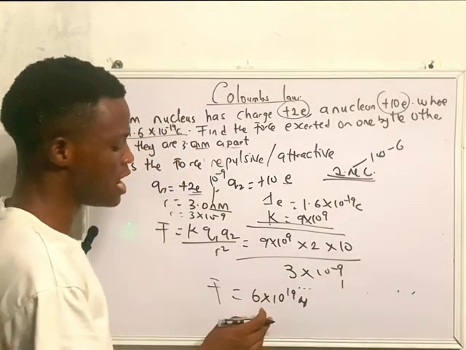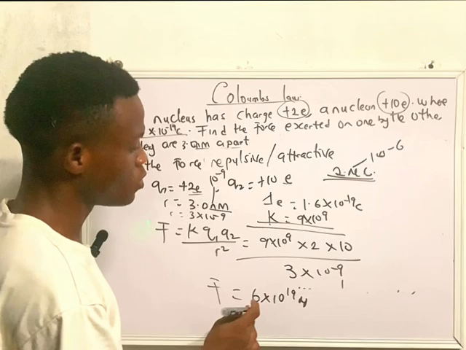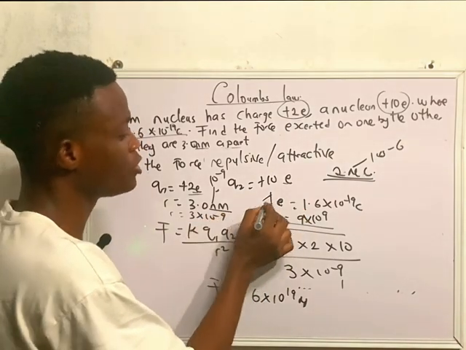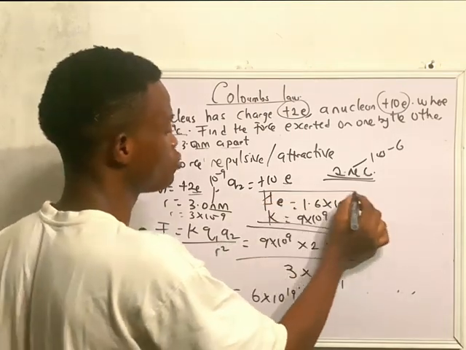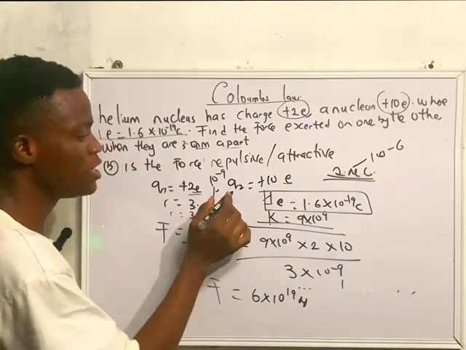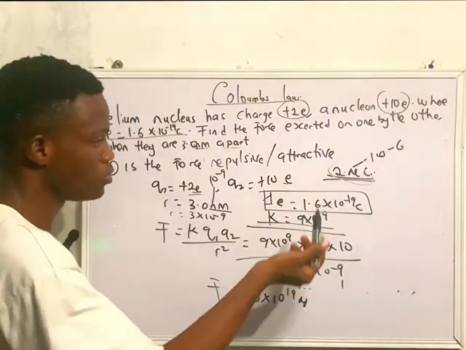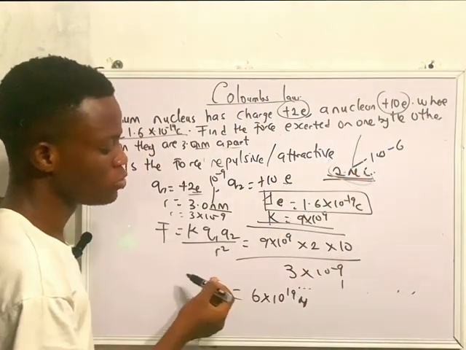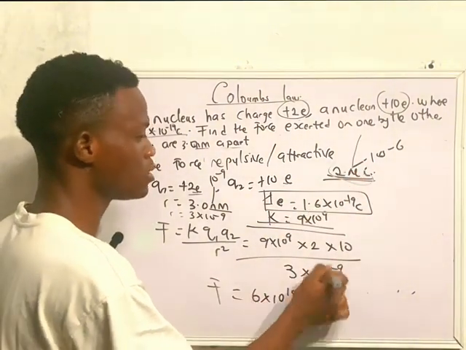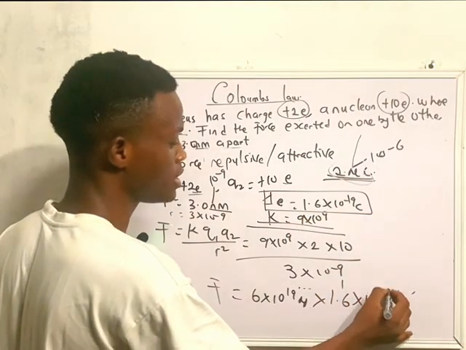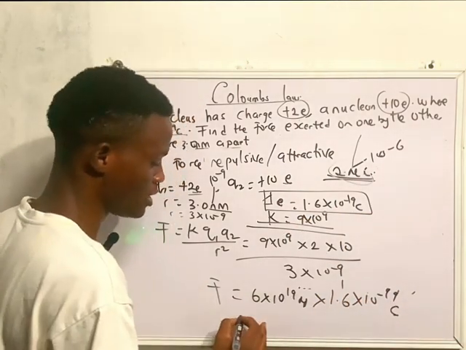But this is not our final answer, because our answer is in form of electron. We have not converted this to coulomb, because we are given in electrons. In the former question we were given in coulomb, like in microcoulombs. So this one is now going to be times our electron, 1.6 times 10 to the power minus 19 coulomb. So what is our final answer?